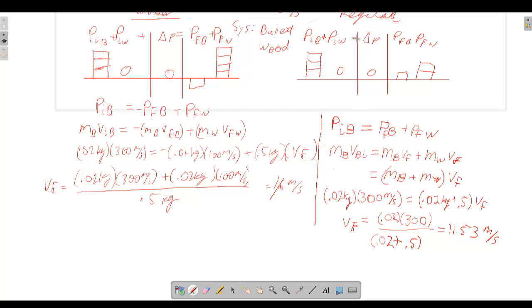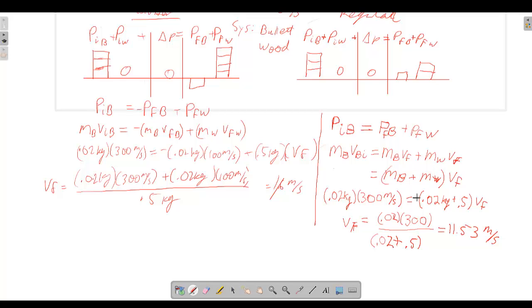This plus this plus this is equal to this plus this. So we have our initial momentum is equal to P final of the bullet plus P final of the wood. Then we plug in our equation for momentum, which is mass times velocity. So the mass of the bullet times the initial velocity of the bullet is equal to the mass of the bullet times V final plus the mass of the wood times V final.